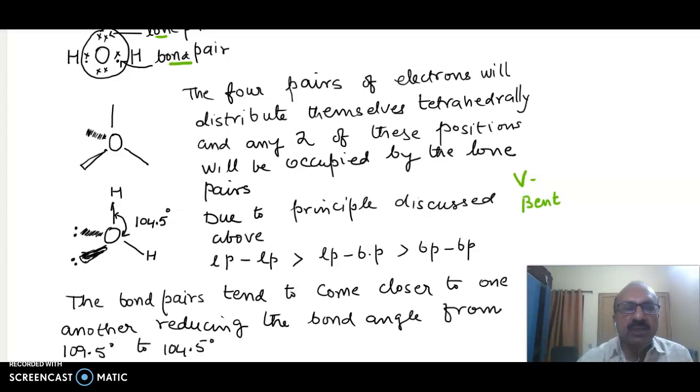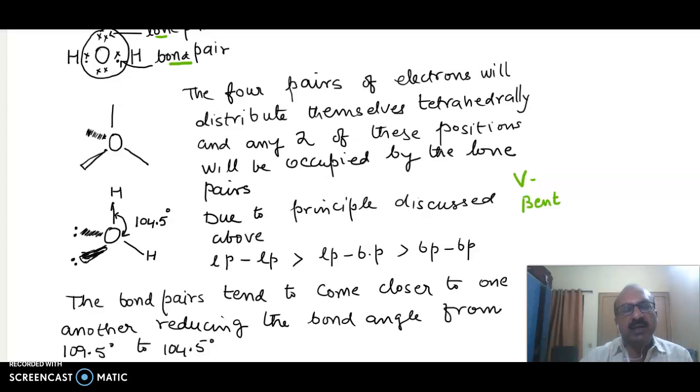Now, for considering the bond angle, we will have to consider the influence of the lone pairs of electrons. Once again, using the same principle, that lone pair-lone pair repulsion is greater than lone pair-bond pair, which is greater than bond pair-bond pair repulsion. So the bond pairs come closer together, going away from the lone pairs, and the bond angle gets further reduced to 104.5 degrees.